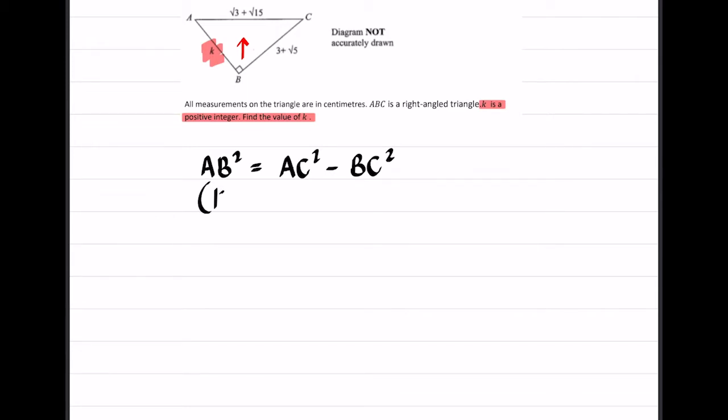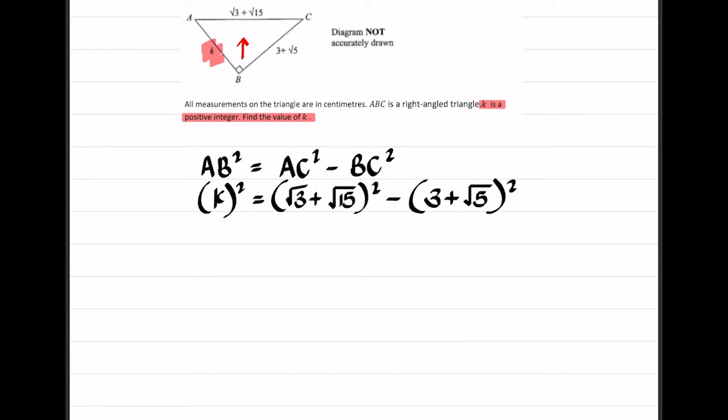AB I have as K squared, equal to AC, which is the square root of 3 plus the square root of 15, all squared, minus BC, which is 3 plus the square root of 5, also squared.